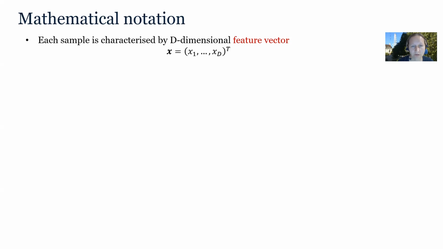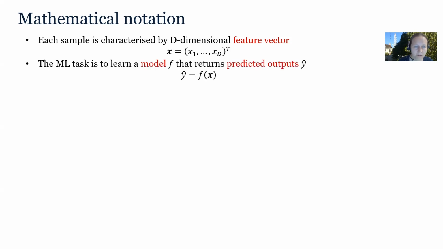Because it's a vector, it's denoted in bold. Now, the machine learning task is to learn a model f, and the f can be represented as a function of the feature vector x. And this function returns predicted outputs that we denote y hat.